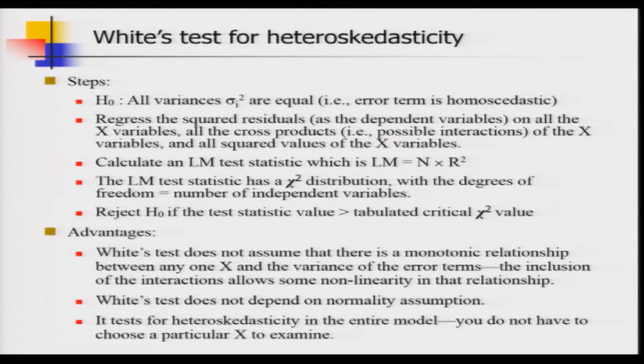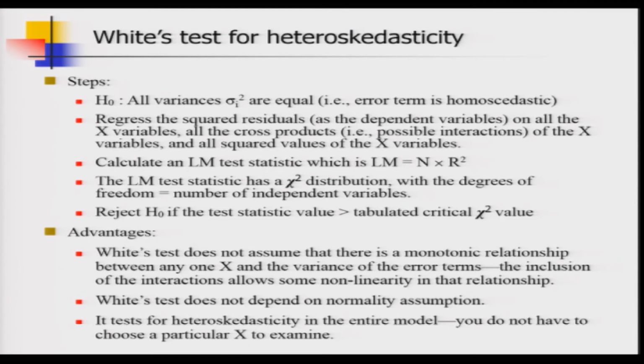Okay, so now we are going to end our discussion on White's test by noting down some advantages of this testing procedure. White's test does not assume that there is a monotonic relationship between any one x and the variance of the error terms.